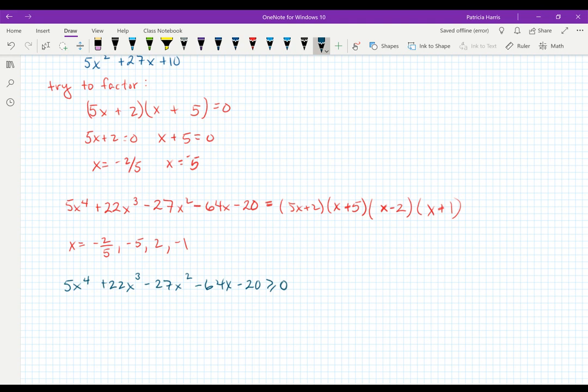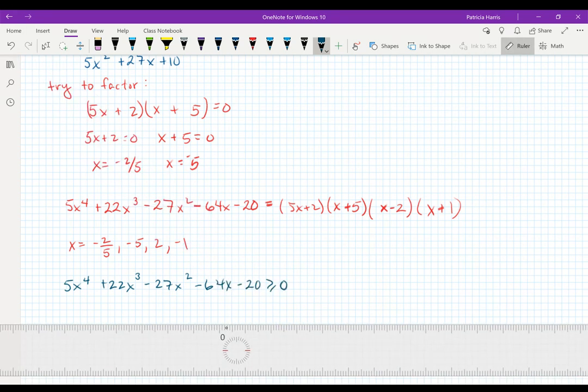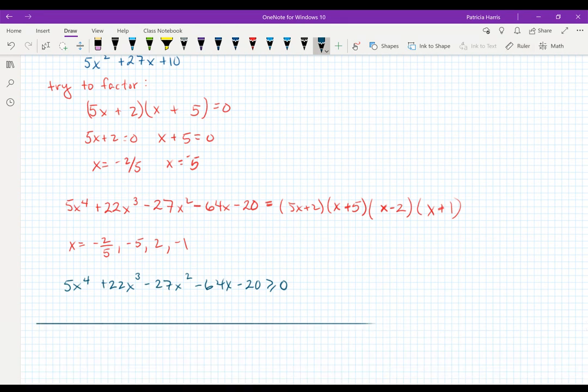Okay, so now what we're going to do is draw a number line. All right. So I have to put my critical points in the right order on my number line.